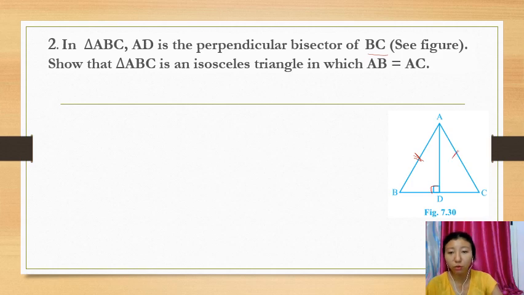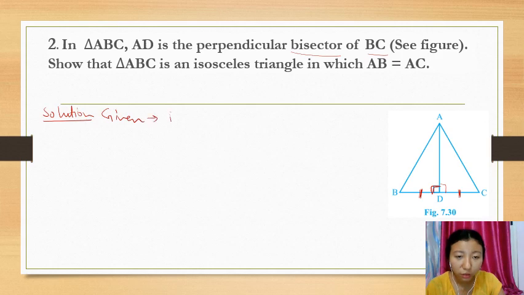Now, perpendicular bisector: AD is the bisector of BC, so BD is equal to DC, and the angle at D is 90 degrees. Here is the solution. What is given here?